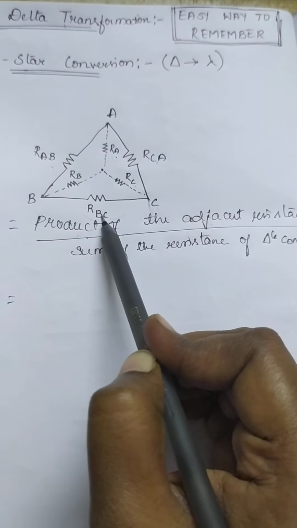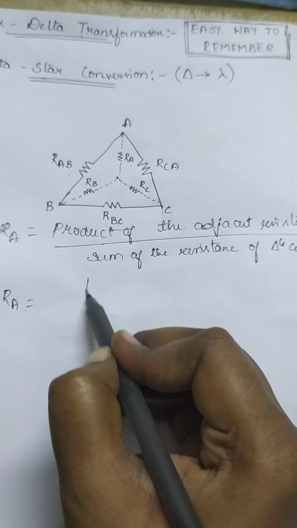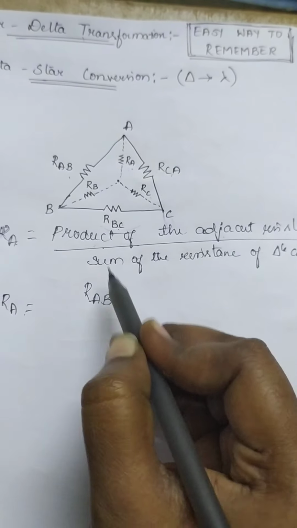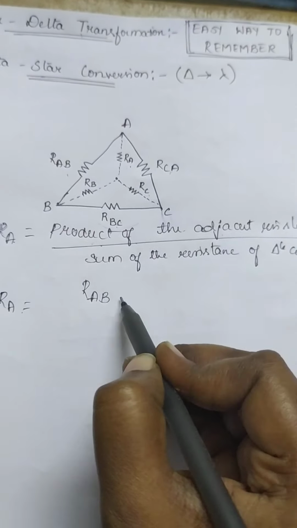Now we are going to write it. RA is the product of the adjacent resistances RAB into RCA divided by RAB plus RBC plus RCA.